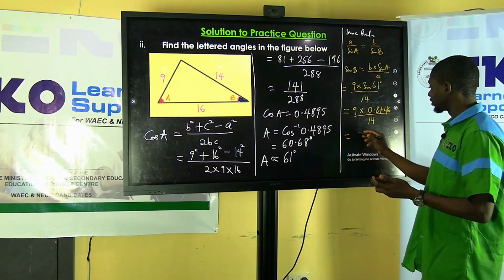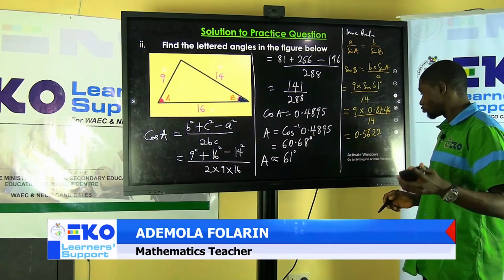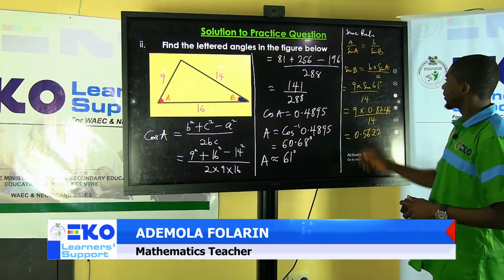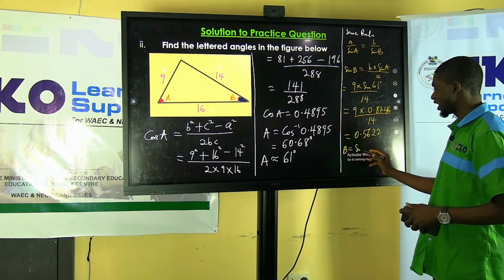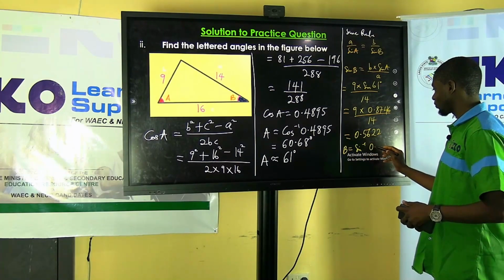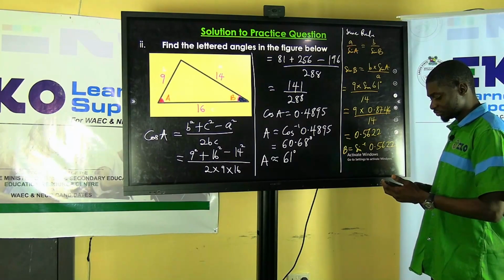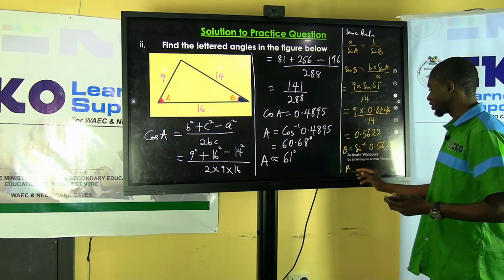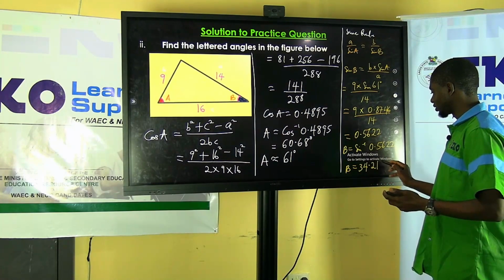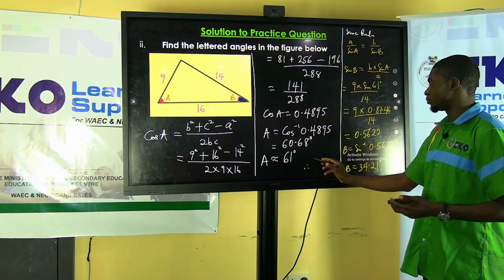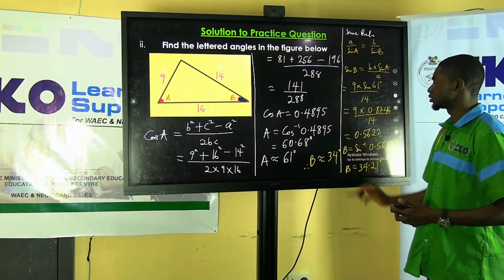It gives me 0.5622. Oh, yes. Remember, it's sine B that has given us this. Then B will therefore be equal to sine inverse of 0.5622. You just press your shift, and B is going to be 34.21 degrees. Therefore, B can be approximated to 34 degrees.